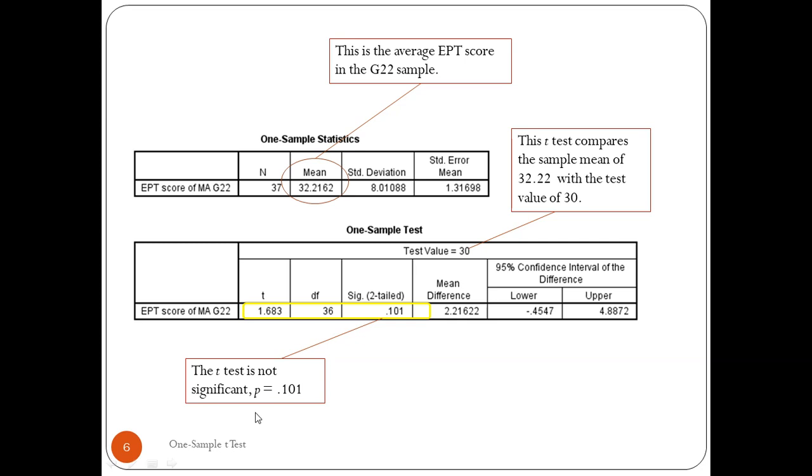Okay, the null hypothesis in this research is the sample EPT mean score does not significantly differ from the population mean, and we have no evidence.